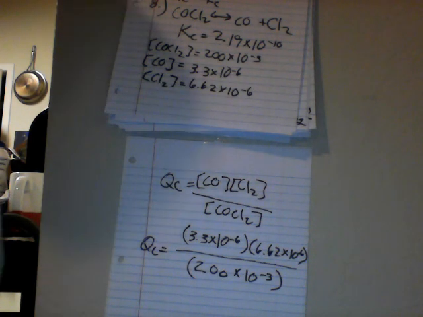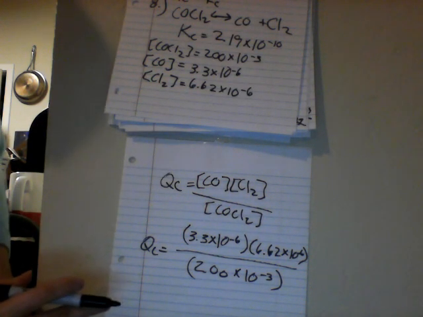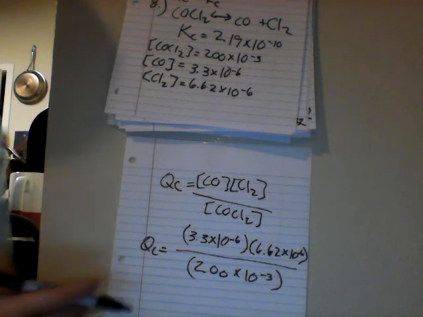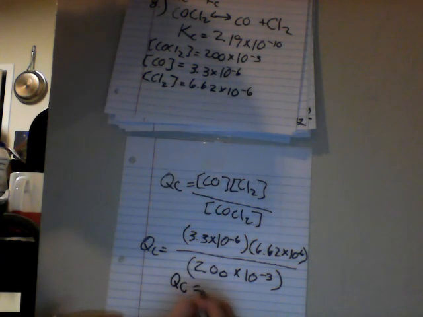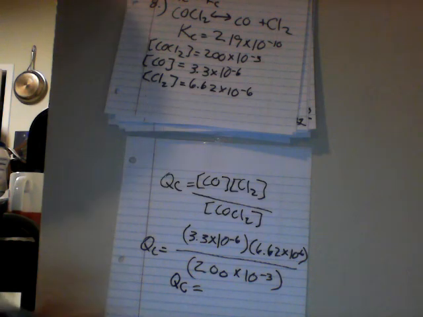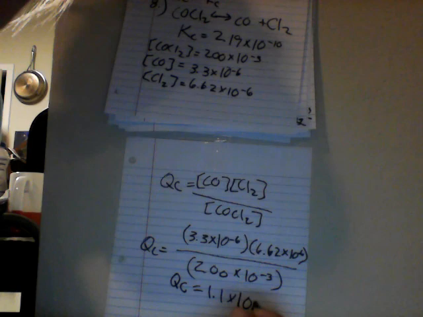And everything in the reaction has a 1 out front, so we didn't need to raise anything to any power. Pretty simple, right? So now, what did I find out my QC to be? My QC, which is calculated the same way Kc is.